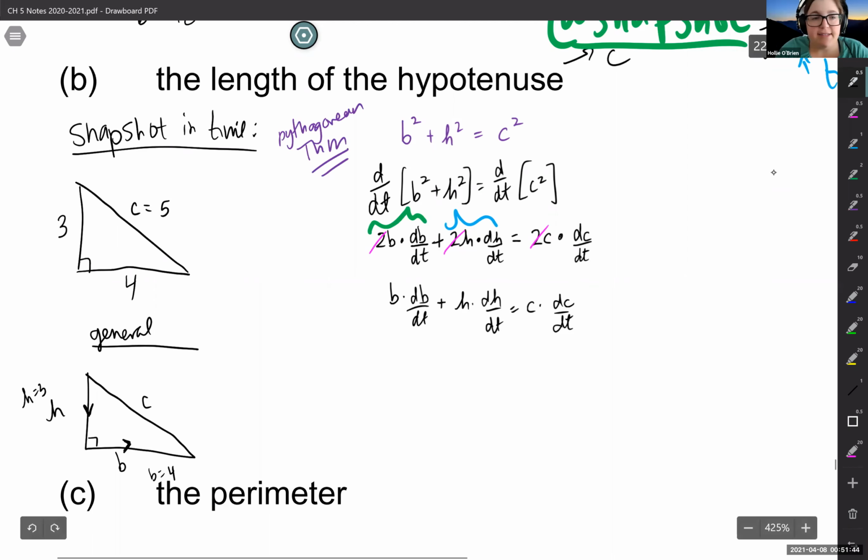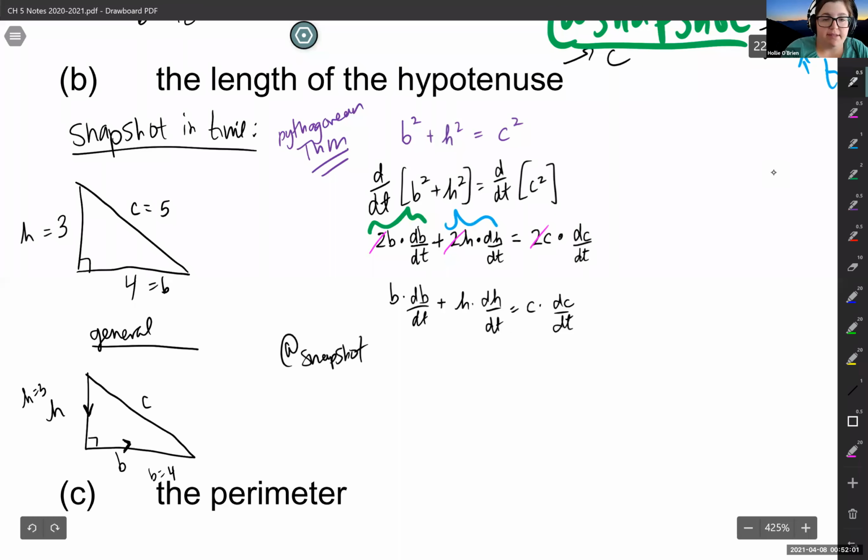We know this is our base is 4. Our height is 3, and our c, our hypotenuse, is 5 at the snapshot. So what we can do is just plug in. Let's go ahead and plug in.